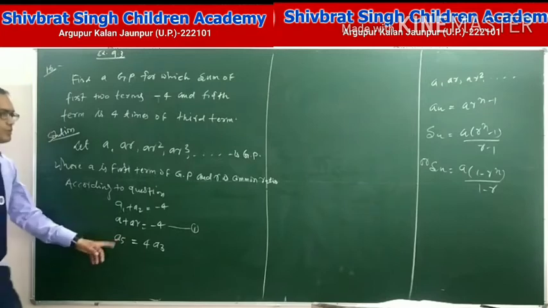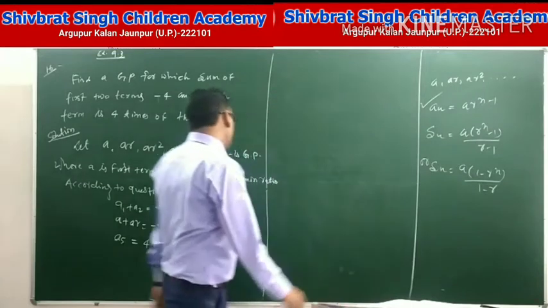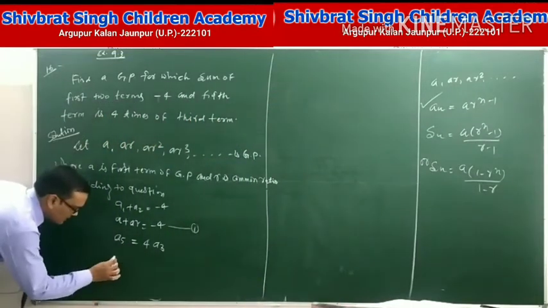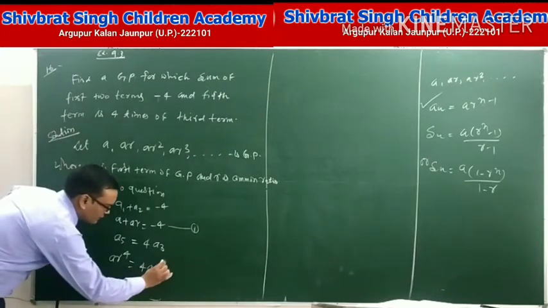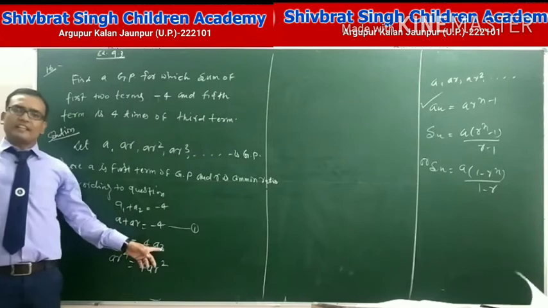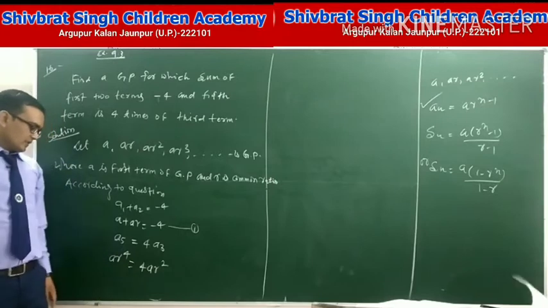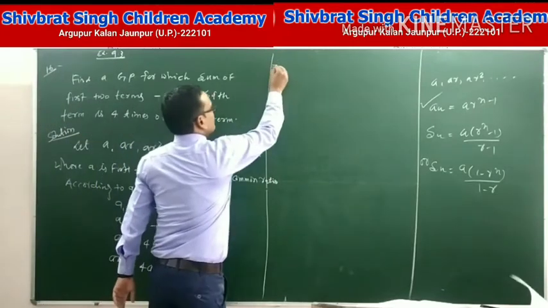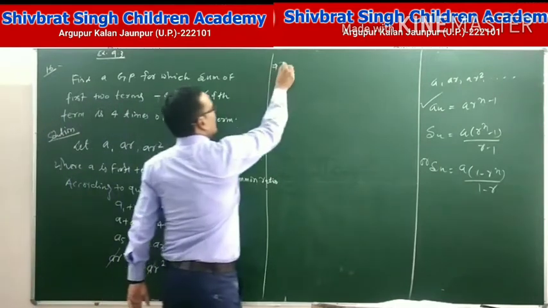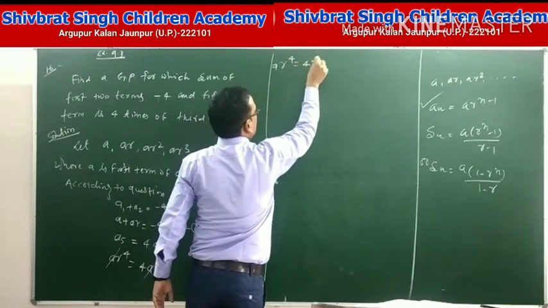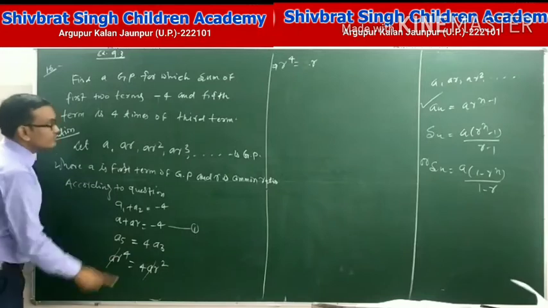Here a5, using the formula an equal to a r to the power n minus 1, we find a5 is a r to the power 4, equal to 4 times a3. The value of a3, that means the third term of the GP, is ar square. This implies that a will be cancelled.